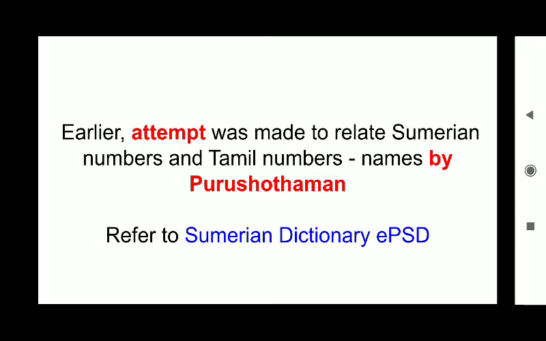Continuing our presentation, this is part 2 on counting of numbers 1 to 10 in Tamil, Sumerian and Indus Valley. We have seen that I had already attempted to relate Sumerian numbers with Tamil numbers.